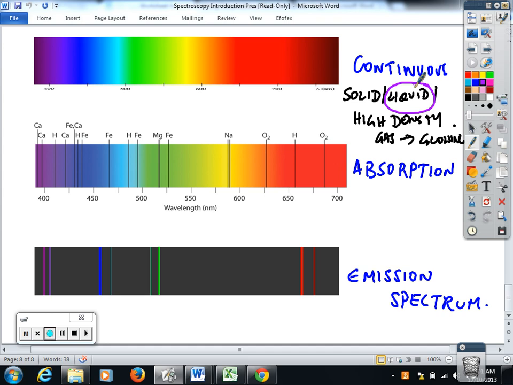Absorption spectrum. This is created, excuse me, my voice is going. The absorption spectrum is created when a continuous spectrum passes through a less dense gas. So a continuous spectrum passes through a low density gas.